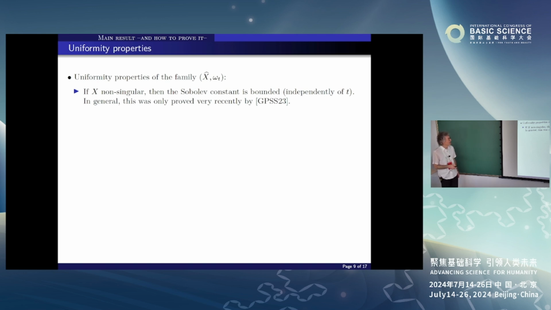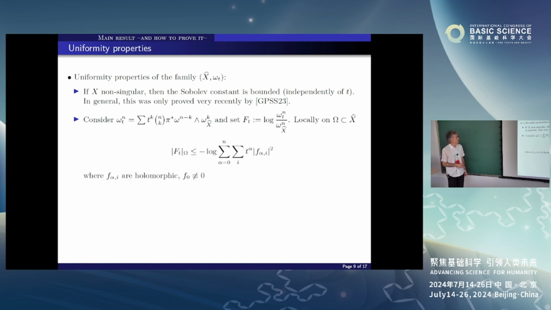Yeah. So now let's look at the following expression. Omega t to the power n can be developed like this. And then we set f_t, which is the log of omega t to the n divided by the determinant of omega X hat. And then what we see is that this f_t, at least locally, is bounded by this expression here, where the functions that we have are holomorphic, and the first one is not identically 0.